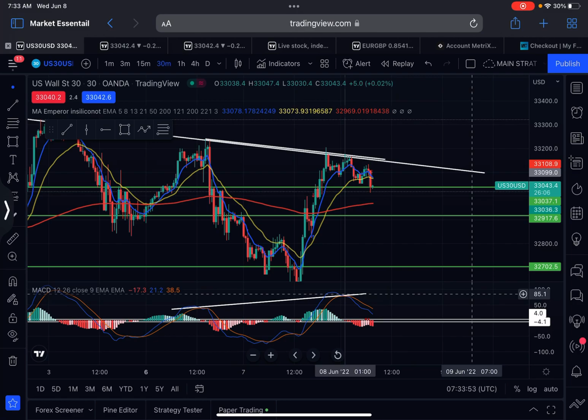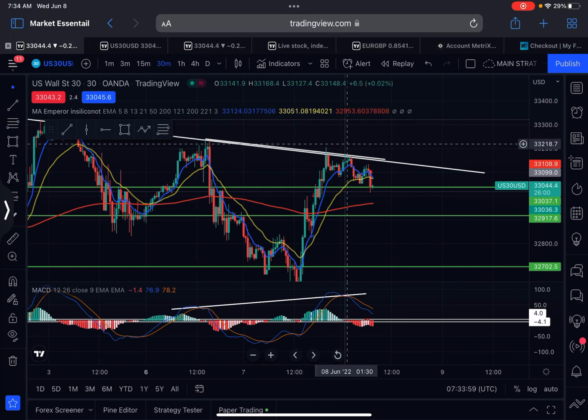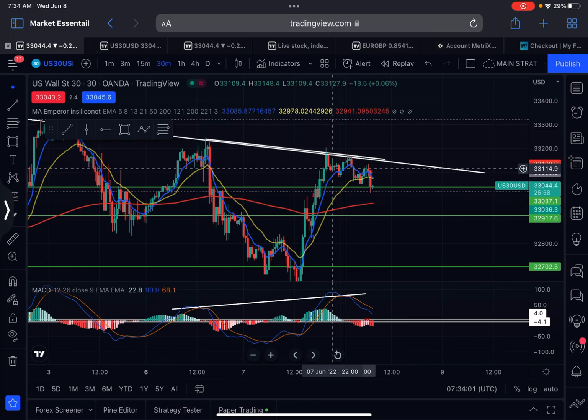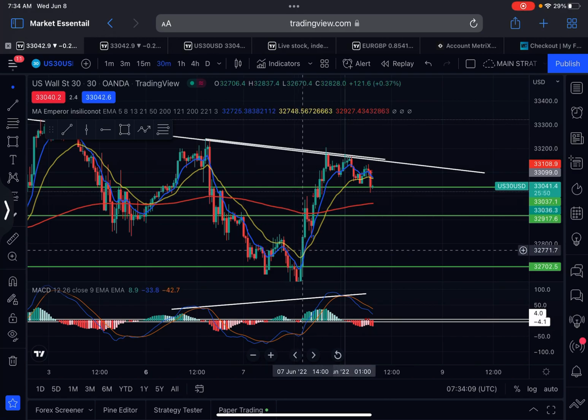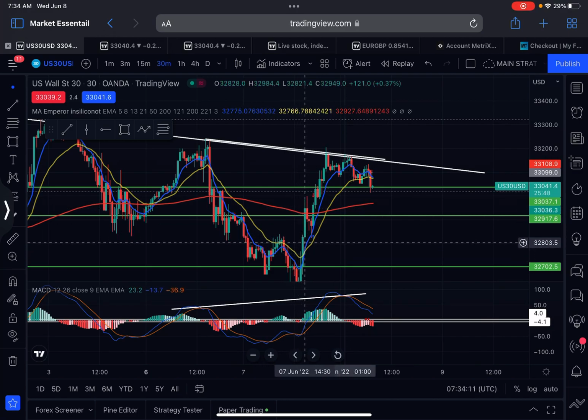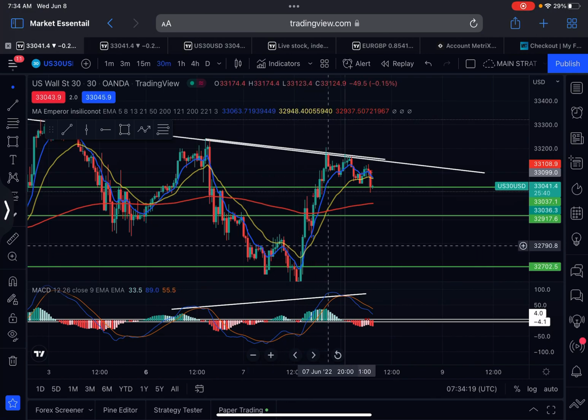So this tells me that the price is already getting tired at this area, but it's lower than this, right? So I know that a downtrend is highly likely to go pretty far down. I'm thinking it'll probably go down to this level, maybe even farther, but that's where I'd put my take profit if I was trading on the 30-minute. That's kind of where I'm looking at this trade to go.